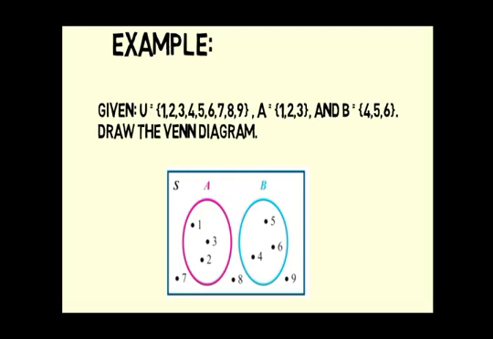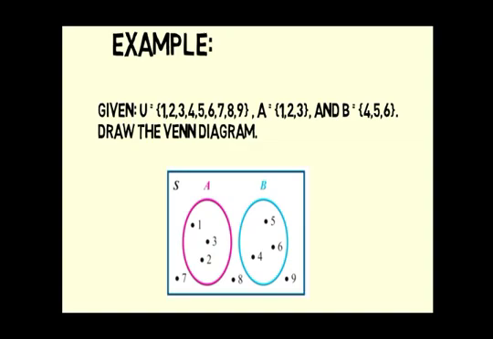The members of A are 1, 2, and 3, and the members of B are 4, 5, and 6. Draw the Venn diagram. Explain the steps. How to draw a Venn diagram? The first step is that the universal set is usually represented by a rectangle, and then every set under consideration is represented by a simple closed curve.